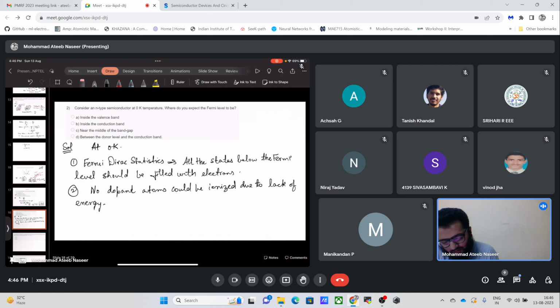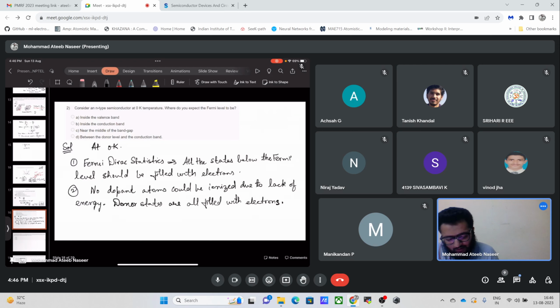And since now Mr. Srihari told that there cannot be ionization of these dopant atoms due to the lack of energy, this means that these donor states are all filled with electrons.